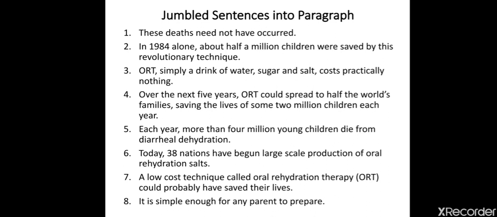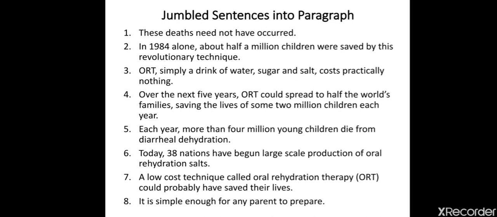Now let us see an example of how a paragraph is. Instead of writing one, we can find a few sentences which are jumbled, shuffled. Let us try to arrange them in the right order so that you can identify the topic sentence and the remaining sentences in the right order following the topic sentence, and how the paragraph is developed.